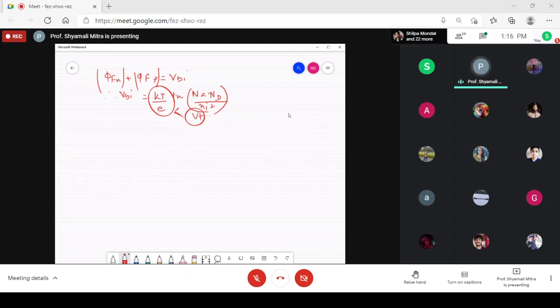Again, we will be integrating the electric field to find the profile for the barrier potential. So let's go on calculating that. I'll try to draw that again.